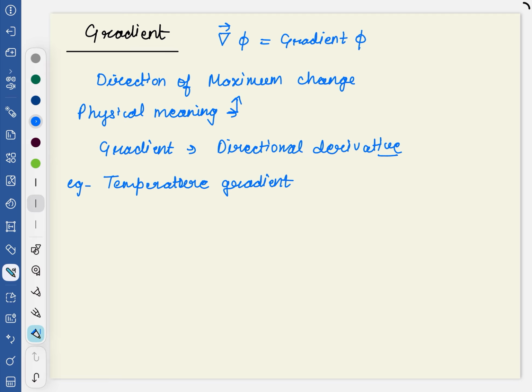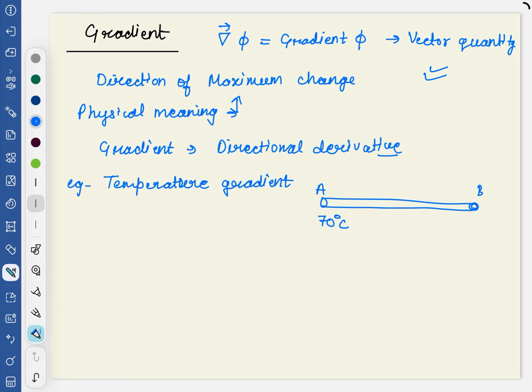As it is a vector quantity, the result will be a vector quantity. So there will be magnitude as well as direction. So if we have an iron rod having 2 points A and B, the starting point A having the temperature 70 degrees Celsius and the ending point B of 30 degrees Celsius, and we know the heat flows from higher temperature to lower temperature.